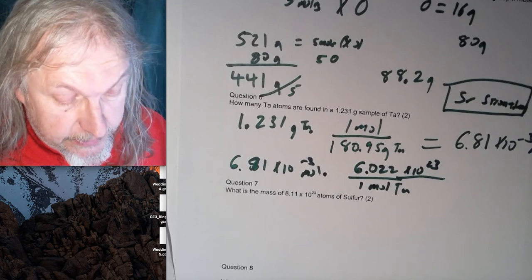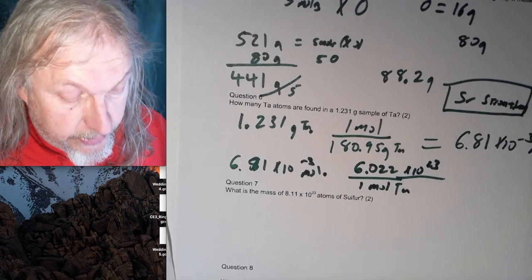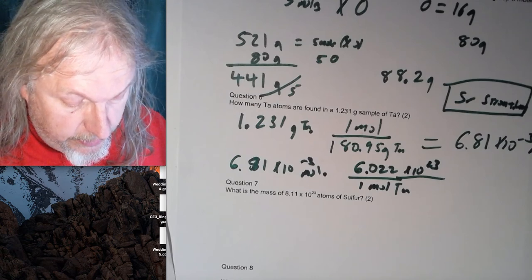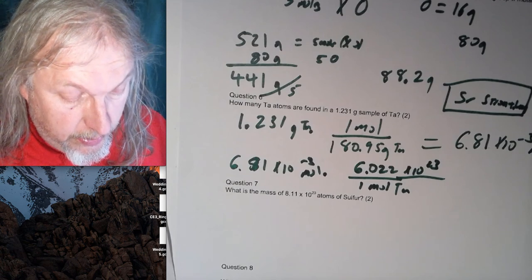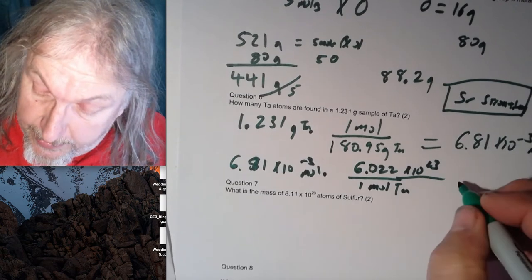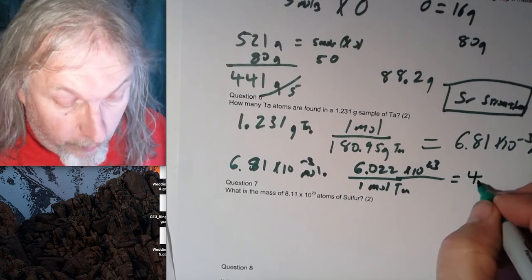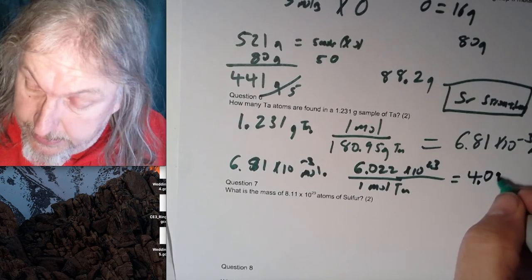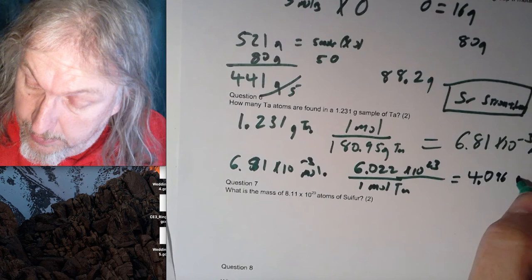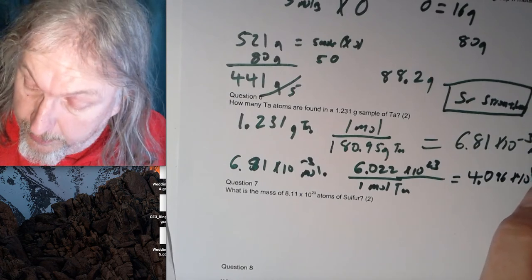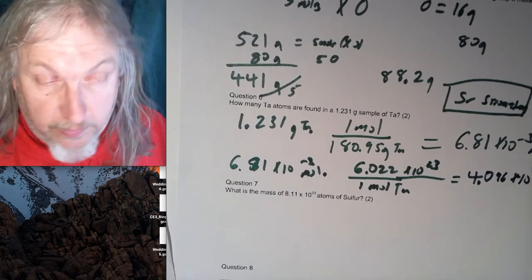See if that makes sense. 6.81 times 10 to the minus 3 times 6.022 times 10 to the 23rd. Yes, I get 4.096 times 10 to the 21st atoms.